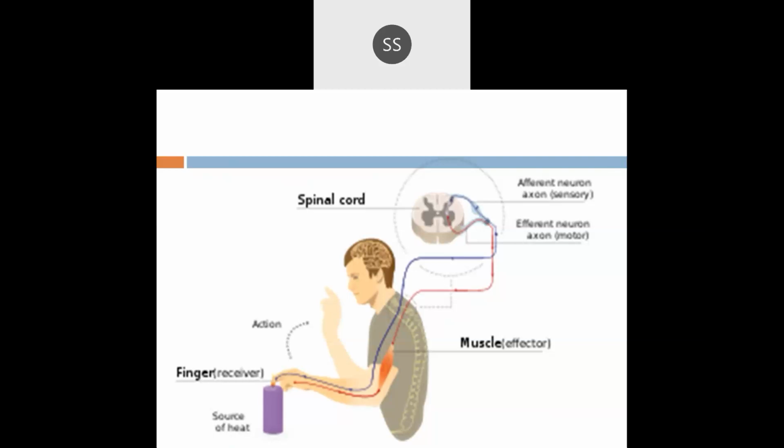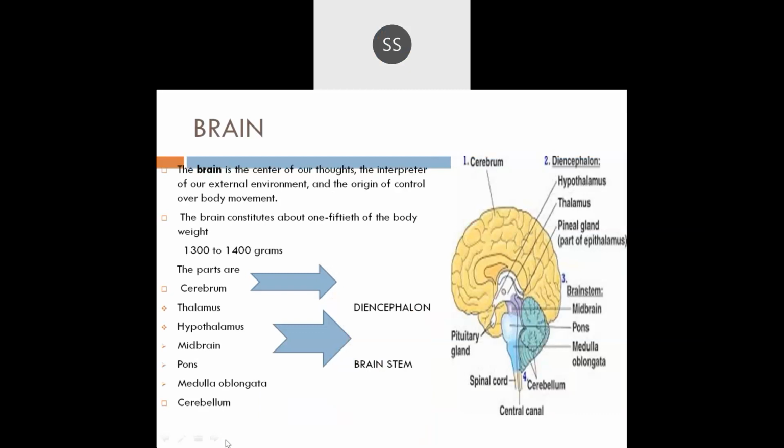Not pineal gland. You forgot? Just now I said it. Thalamus, hypothalamus. Say this, just read it out.